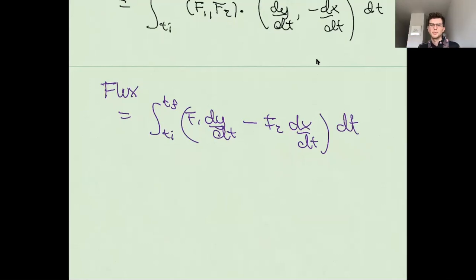So let's just do two examples so that you see it's not too bad. And again, I'll repeat them on Monday.